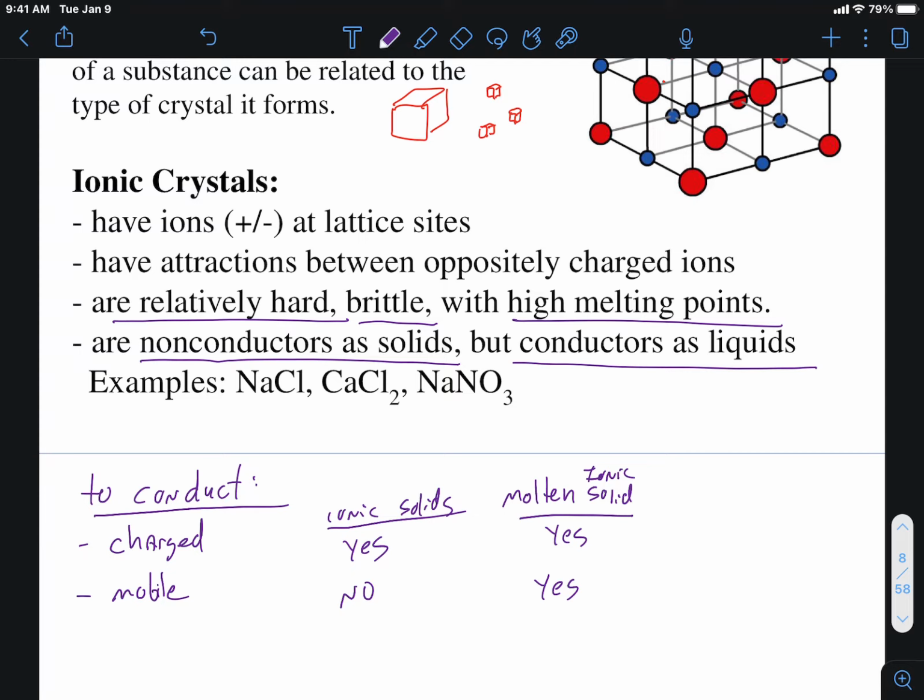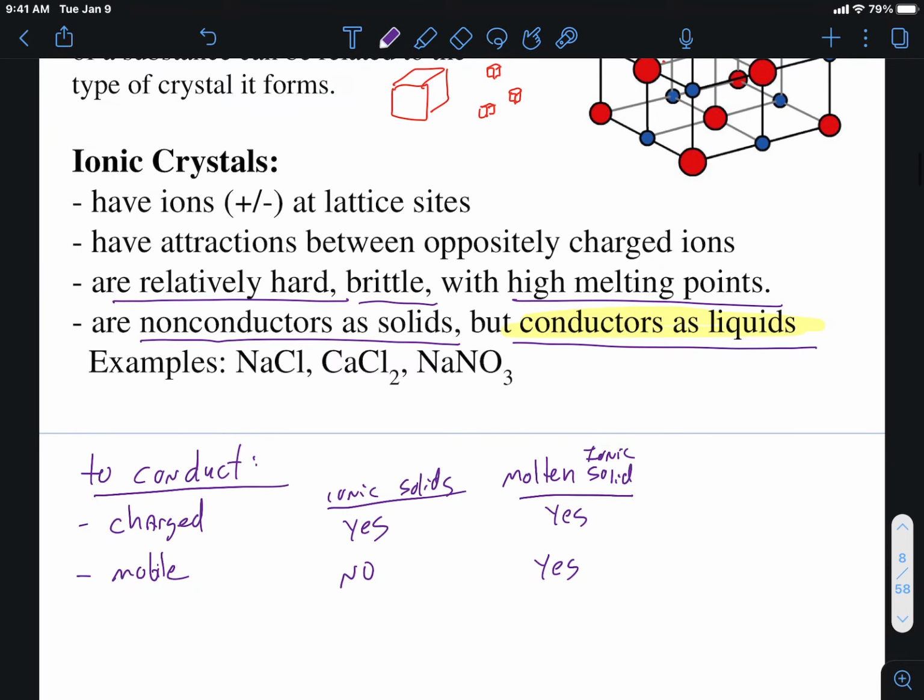And we literally could take salt and make it look like a clear liquid. That's mobile. They're moving around because in the liquid phase they can move. So that is when it conducts, as a liquid. Okay, but not as a solid.